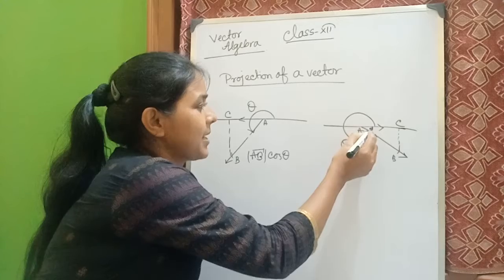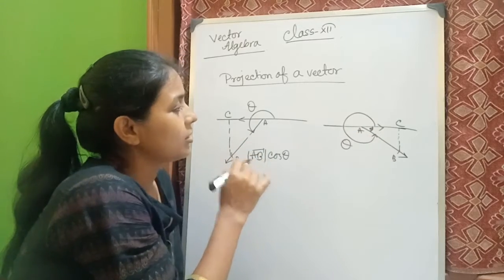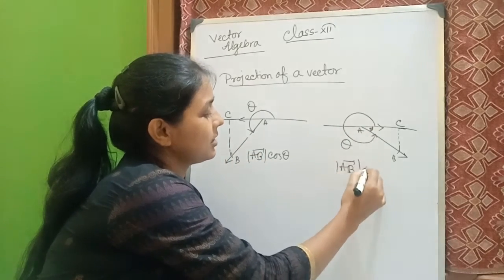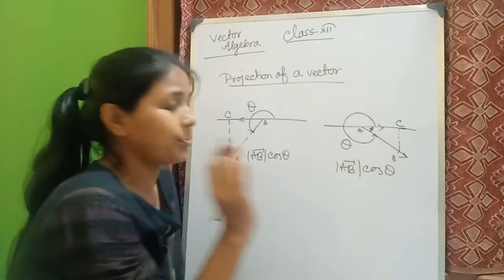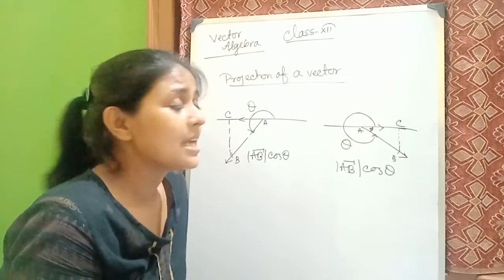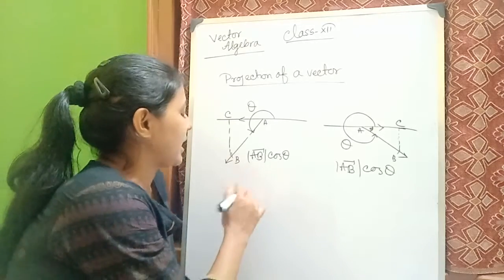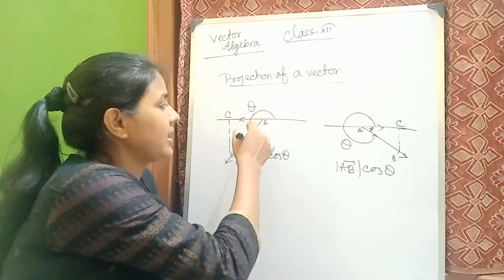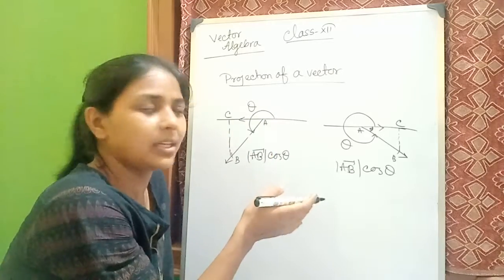If you calculate it, you will get the pure magnitude, mod AB cos theta. That means in all four cases, in this case theta is more than 180 degrees, less than 270.